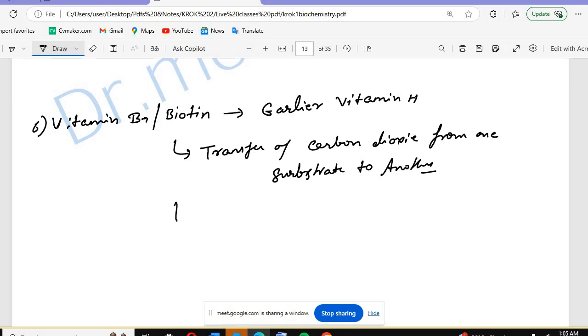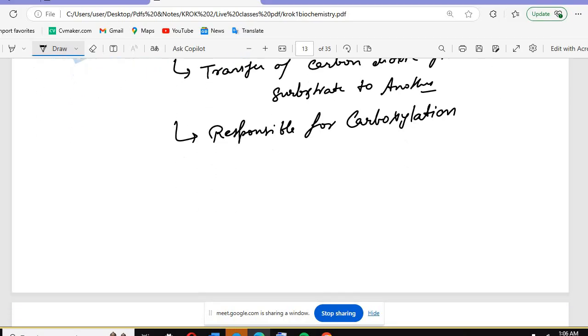And this is responsible for carboxylation, the coenzyme for the carboxylation reaction. We know the coenzyme for decarboxylation is vitamin B6. Coenzyme for carboxylation is vitamin B7.